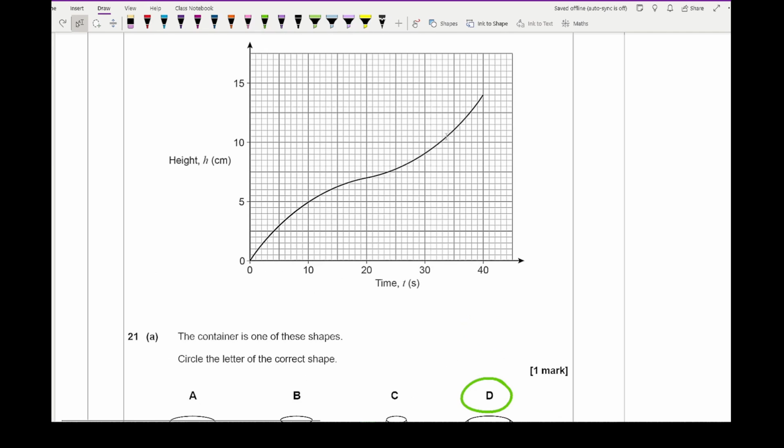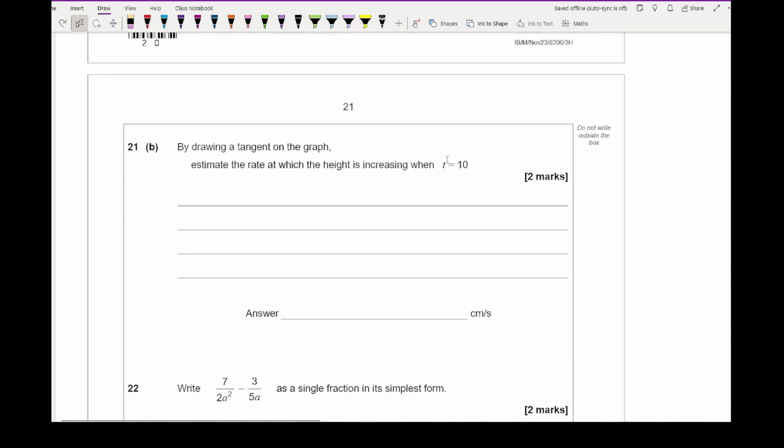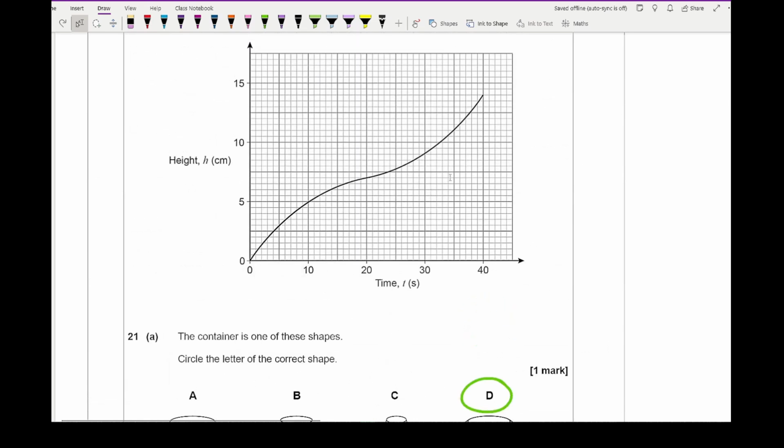and then it's going to increase again at that rate. Then moving on to question 21b, it says by drawing a tangent on the graph, estimate the rate at which the height is increasing when t equals 10. Now for this, what we need to do is first of all establish when t equals 10, which is here, and what you then want to do is draw a tangent at that point. Now your tangent is going to be slightly different, so you want to draw a straight line, imagining that you're balancing it on the curve.